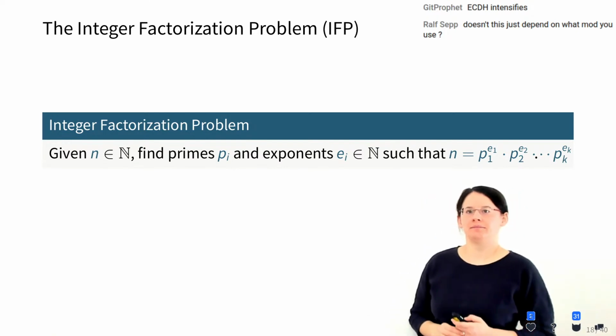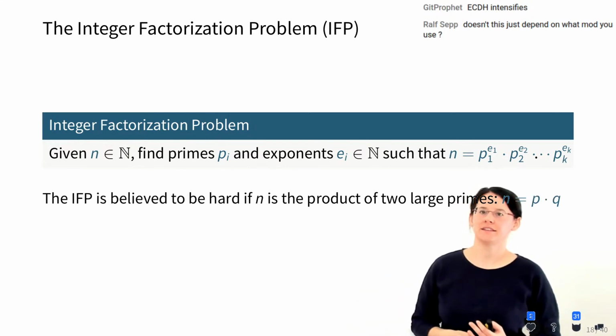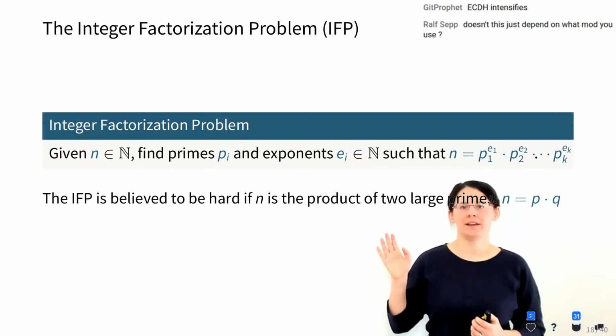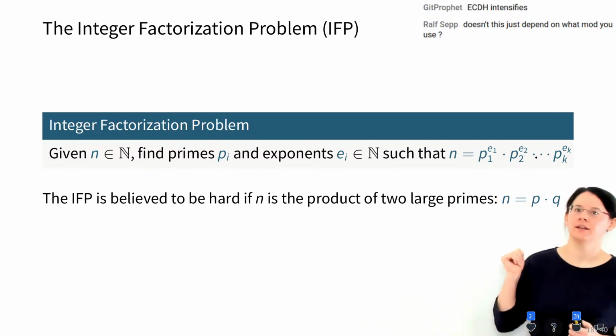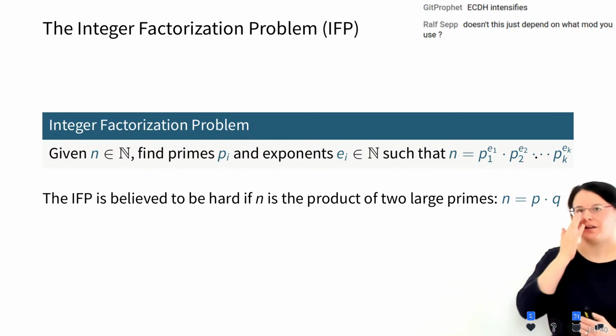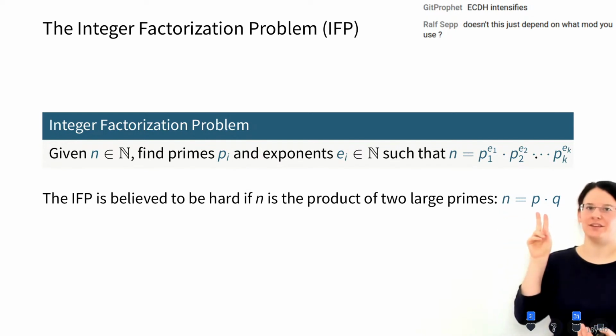Okay, so this is another hard problem, which is also believed to be hard, at least in one special case, namely in the case that n is not only large, but n also has to be the product of two large prime numbers. Why is it not sufficient for n to just be large? Well, if you take any very, very large number, there is always a very high probability that you have a very simple factor.